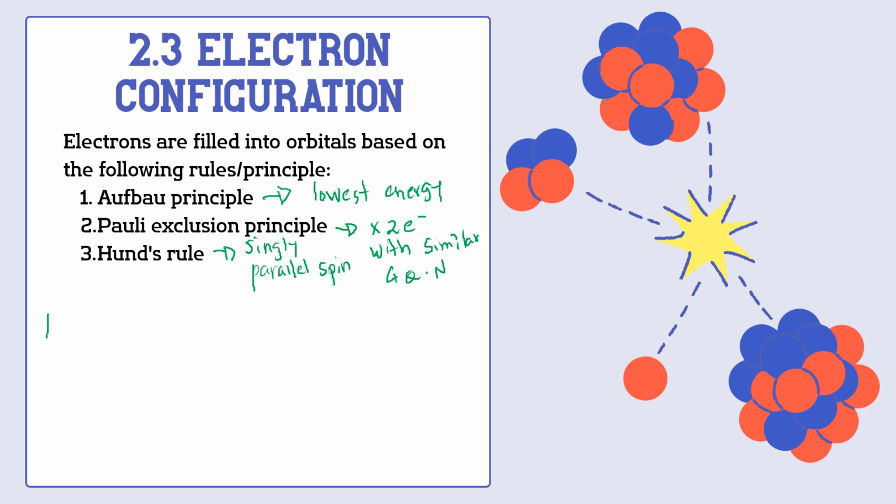The first electron will always be added to the 1s orbital, as it is the orbital with the lowest energy. Let's say this electron is filled in upwards.